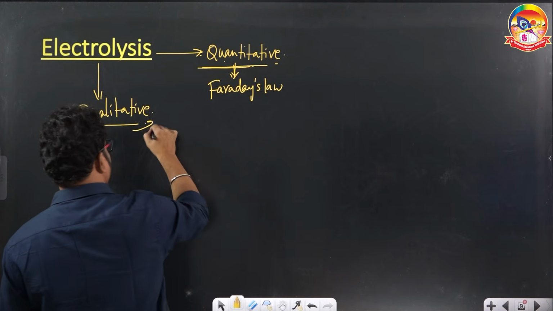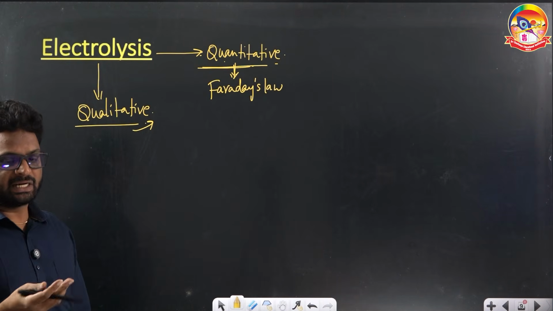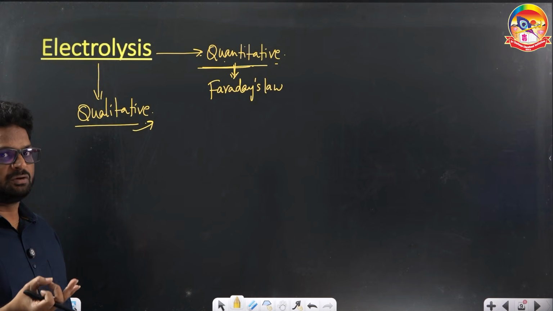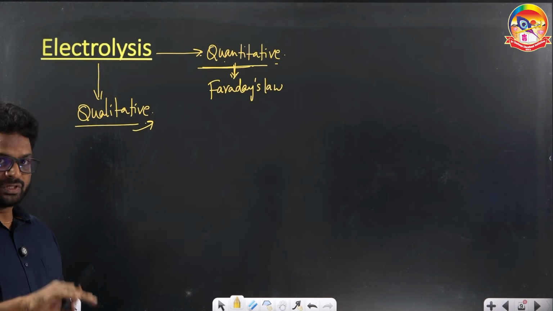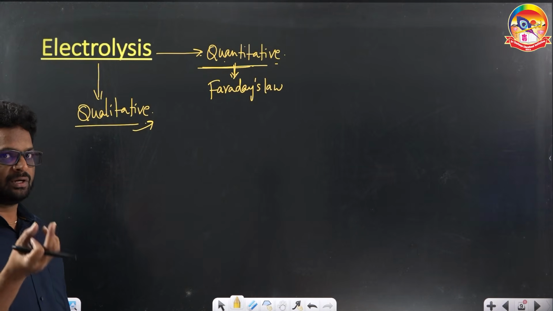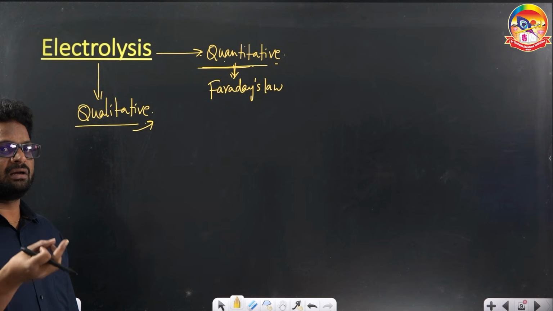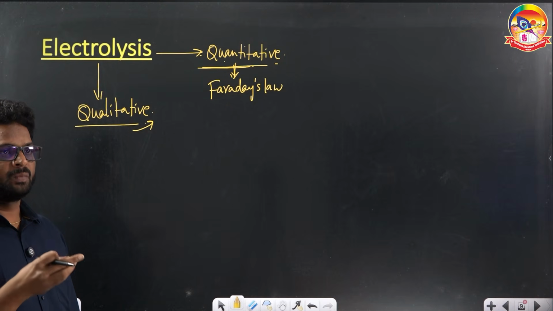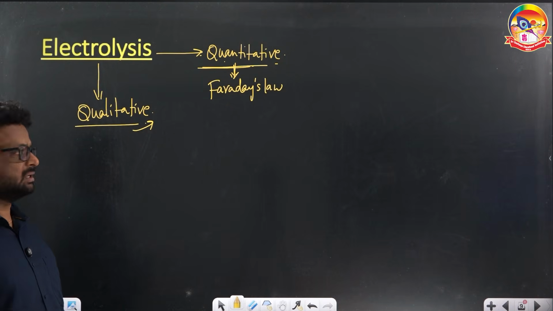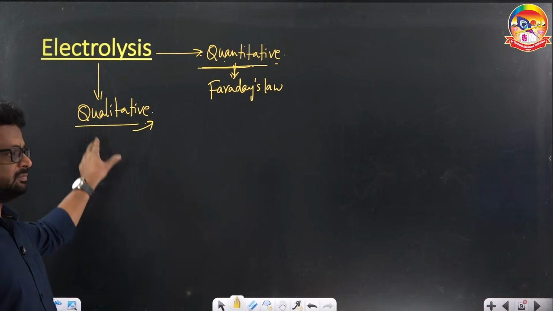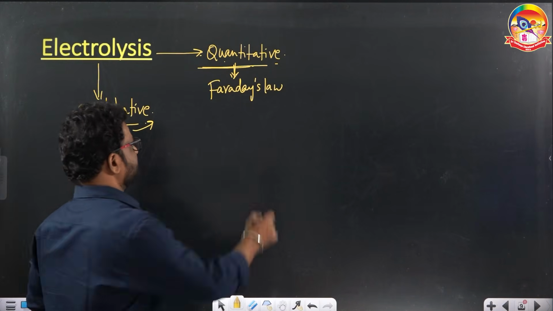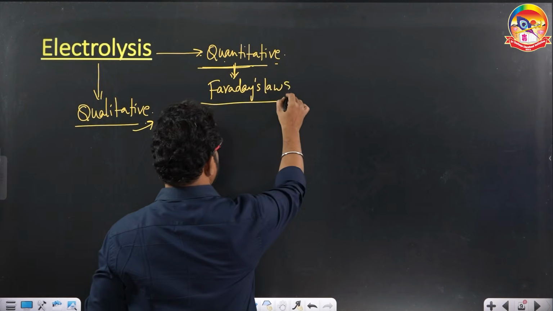The qualitative aspect, the nature of products deposited at electrode depends on the nature of electrolyte, whether it is aqueous or molten, and it also depends on whether the electrodes taken are active or inert, or it also depends on concentration. I'll explain briefly the concept of it through a question, but let me proceed with Faraday's laws.